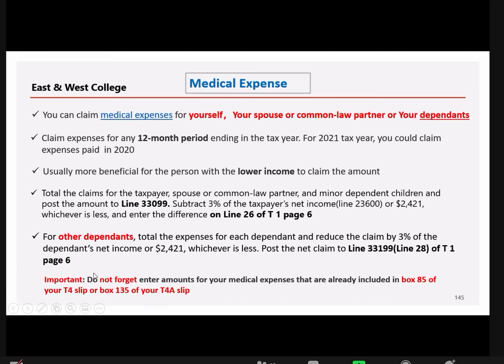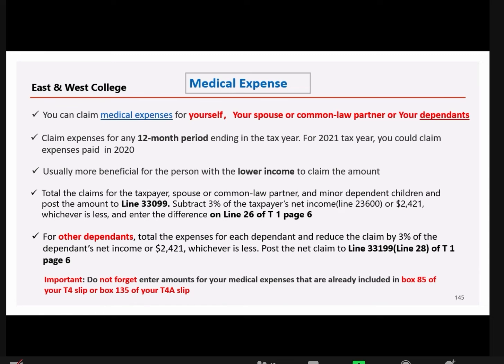Important: do not forget to enter the amount for your medical expenses, including box 85 of your T4 slip or box 135 of your T4A slip. Because we are doing electronic returns, when you enter box 85 on your T4 and box 135 on the T4A, they automatically come into medical expenses, so you don't need to worry about that.